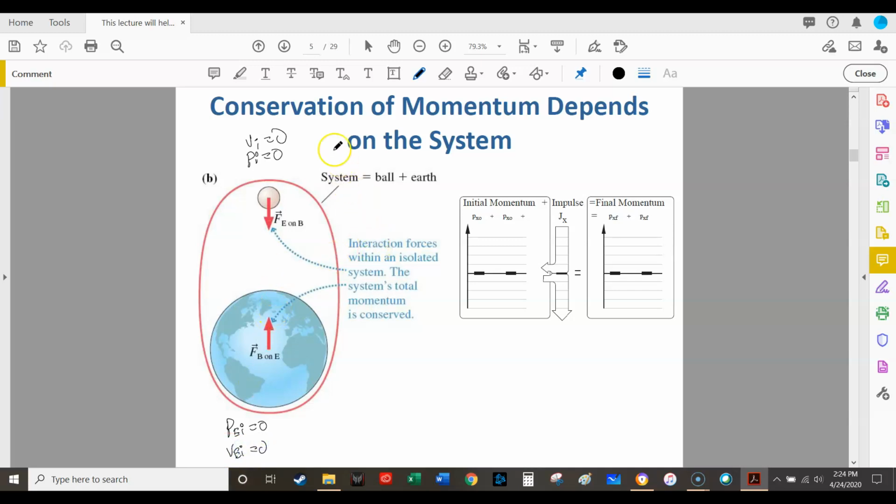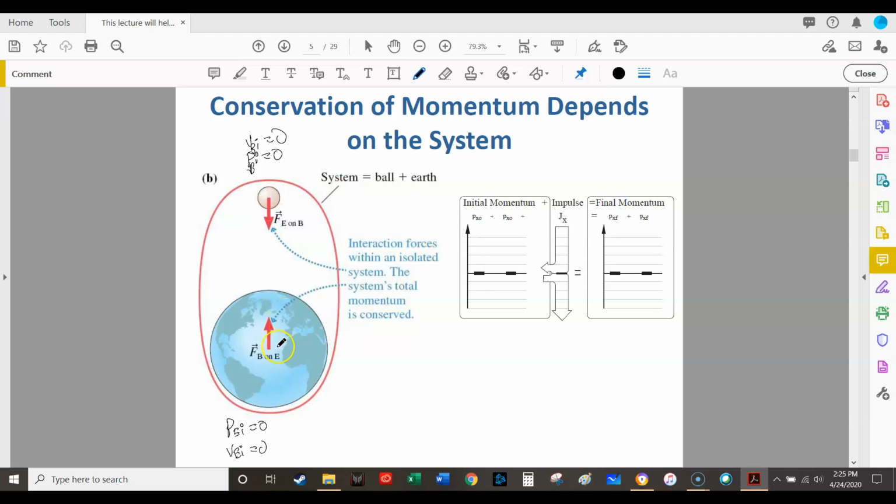I'll put a little O for the ball, and maybe let's put a B. However, both objects were put in the vicinity of each other, okay?